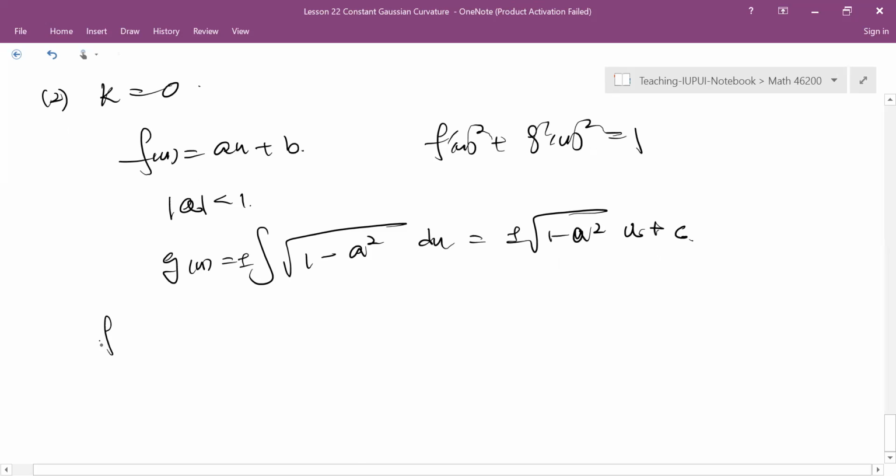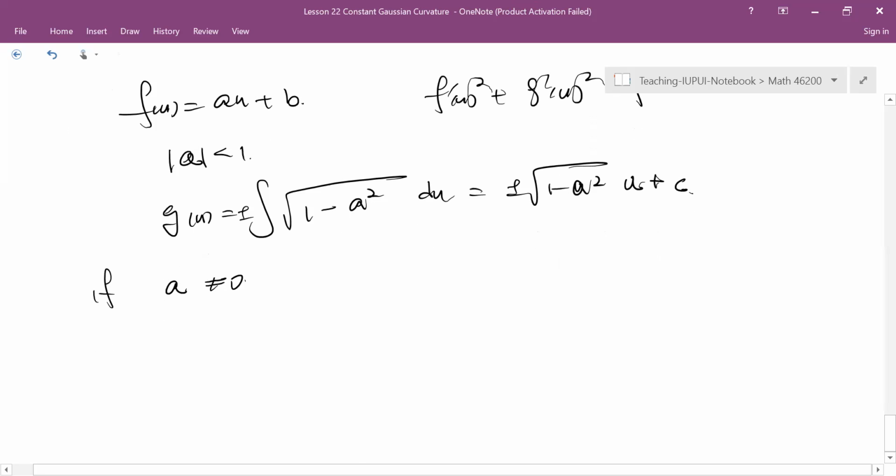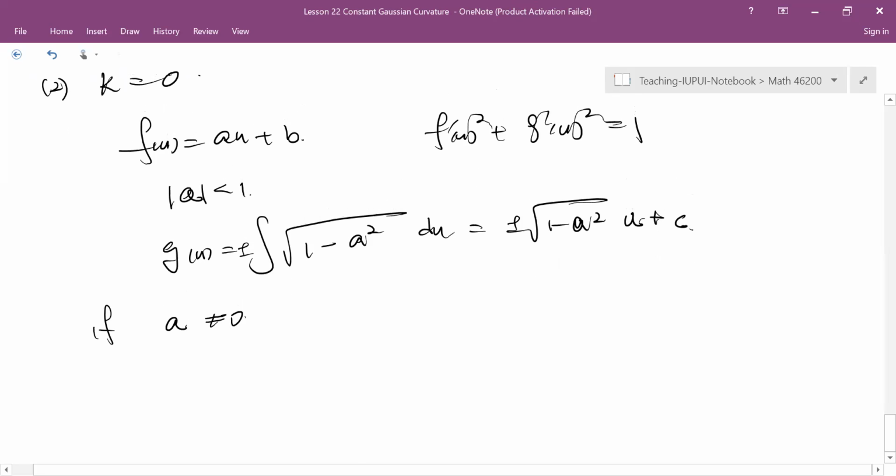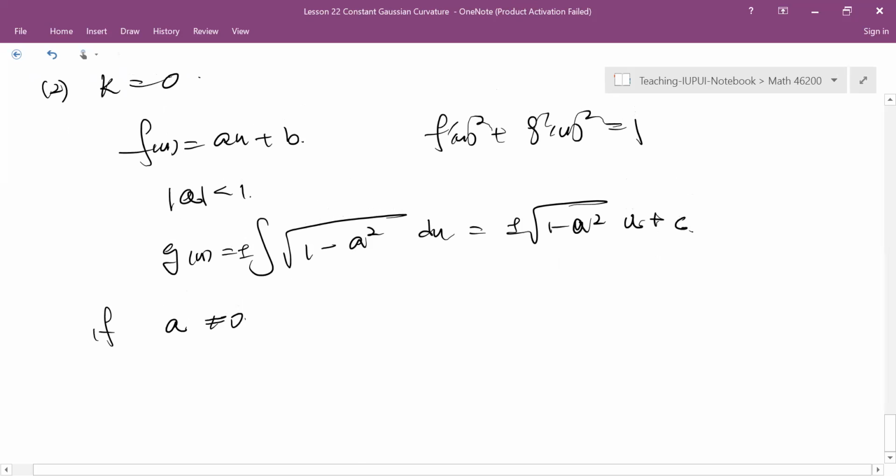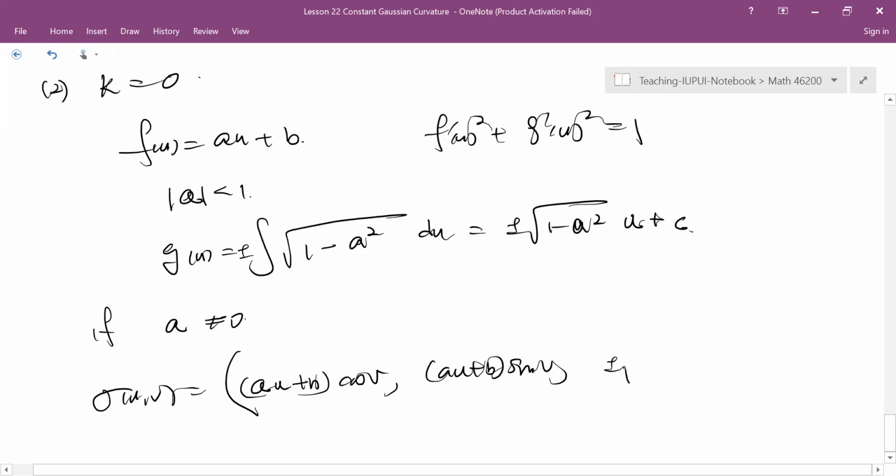So if a is not going to be 0, now what do we see? Okay, sigma of u and v, right? It's going to be (au plus b) cosine v, (au plus b) sine v, and here's plus or minus.